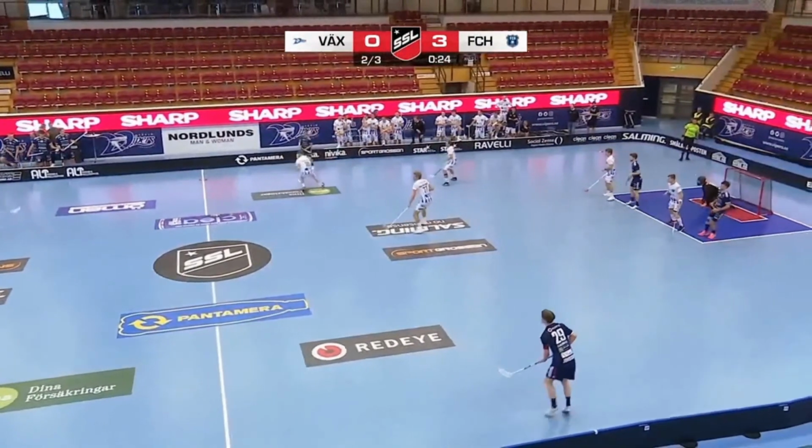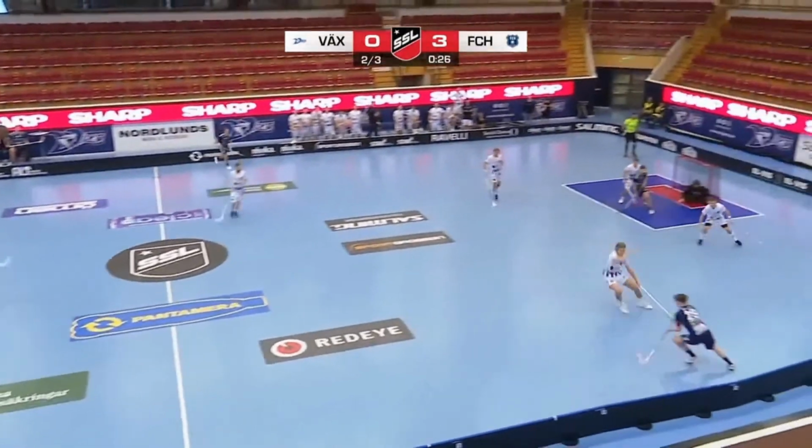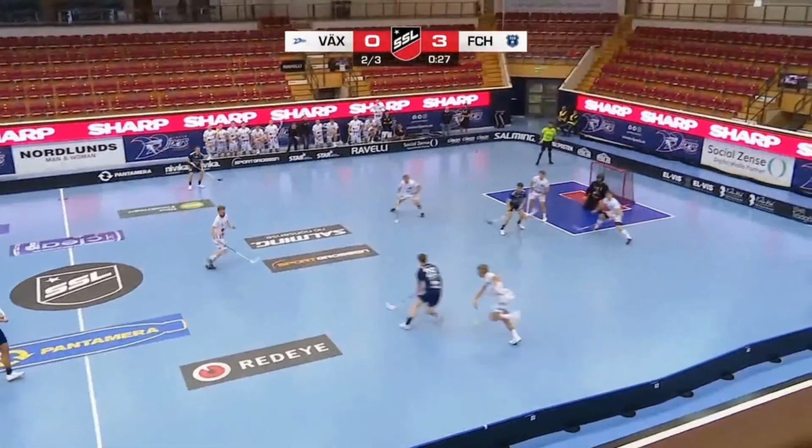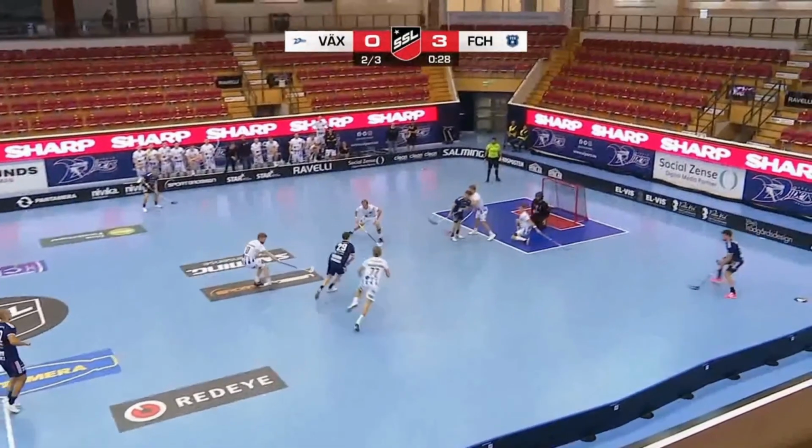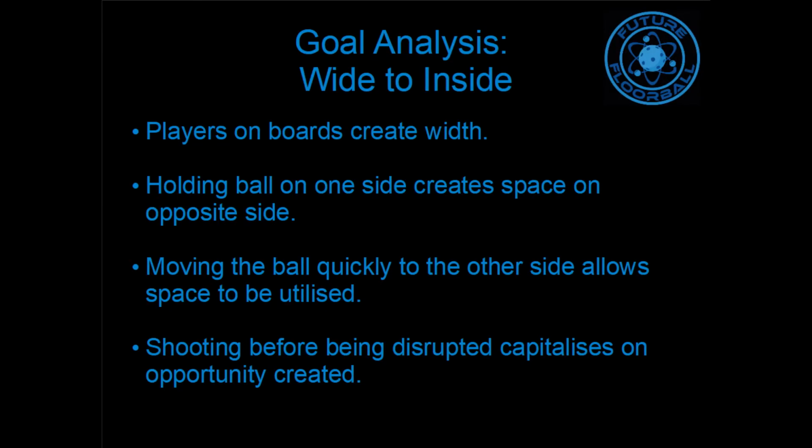From there, once the player is inside the structure, make sure that they capitalize on the shot or get a pass off to someone else in a dangerous position. So that's all I really have to say on this video. I think this is a really nice goal. The defense didn't really do too much wrong here, but the attacking team was still able to exploit the defensive shift and create a goal from that.